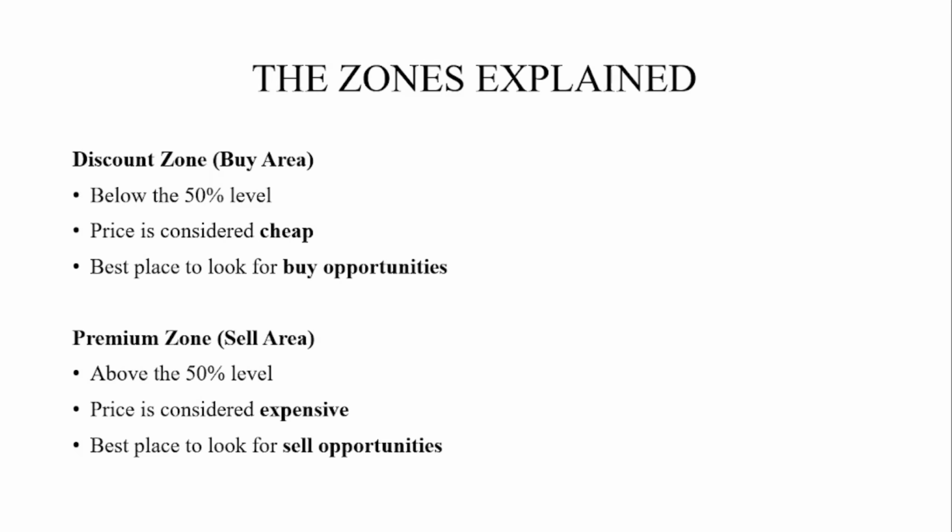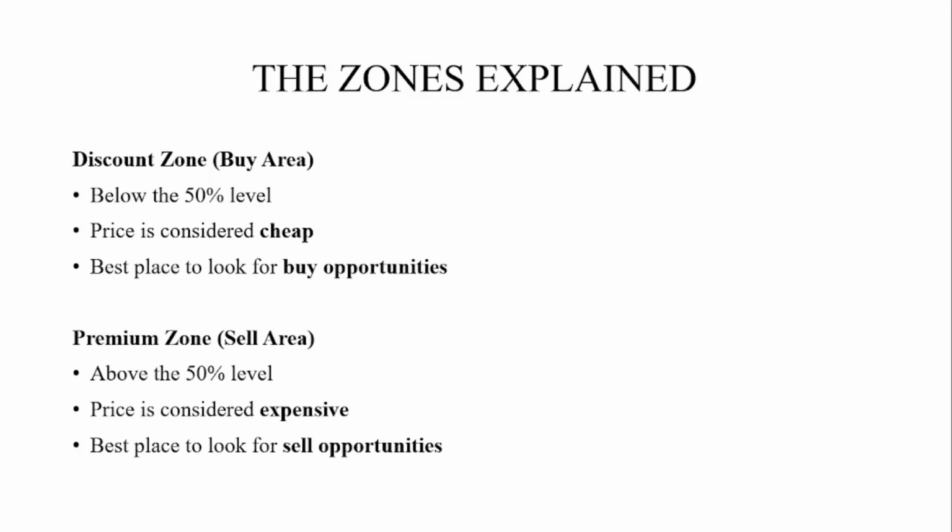Now, the zones are being explained right here. The discount zone, which is your buy area, should be below the 50% level. Now, remember in our last video, if you haven't watched the video where I talked about Fibonacci, you should also go and watch it, because it is going to help you to understand what I am going to explain in this particular video. Now, you can see here, they say the discount zone is below the 50% level.